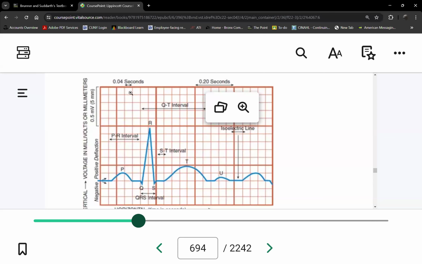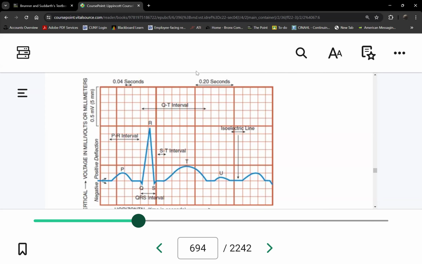If each small box is 0.04 seconds, how many small boxes are there in 1 minute? 60 seconds divided by 0.04 equals 1,500 small boxes. Remember those numbers for now. We'll look at them later when we do an example of how to count the heart rate. Again, how many big boxes are there in 1 minute?